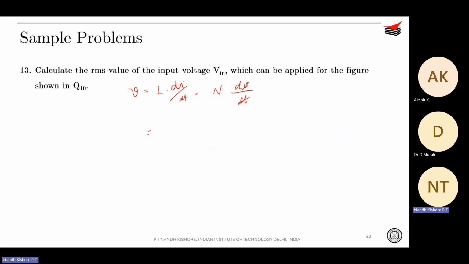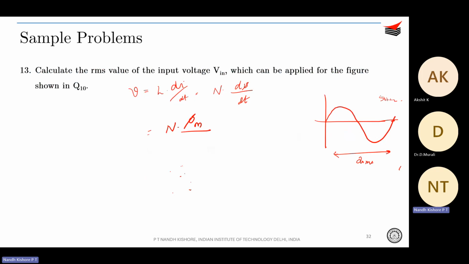N would remain as it is, and assuming that you are still in the linear region of the BH curve, you can write that d phi is basically 2 phi m, divided by your dt. Dt is basically the time period in a line cycle. Assuming it's a sine wave, with frequency of 50 hertz, your dt is going to be 20 milliseconds.